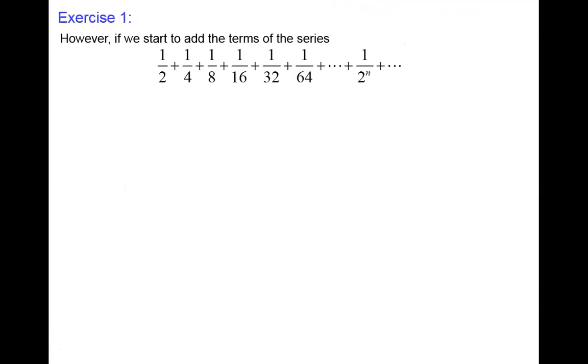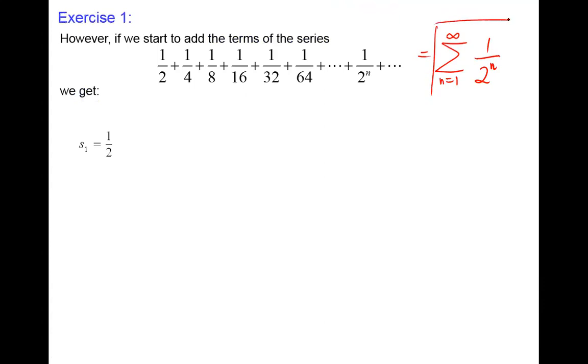Let's take this. We will start to add the terms of the series. 1/2 plus 1/4 plus 1/8, 1/16. And you probably notice that the denominator is a power of 2: 2 to the power of 1, 2 to the power of 2, 3, 4, 5, and so on. Actually, before that I wanted to do the formula, because I can rewrite it like that, starting from 1, ending at infinity.